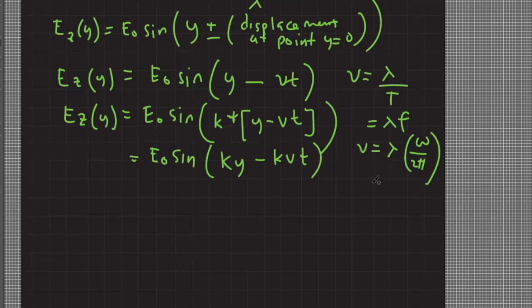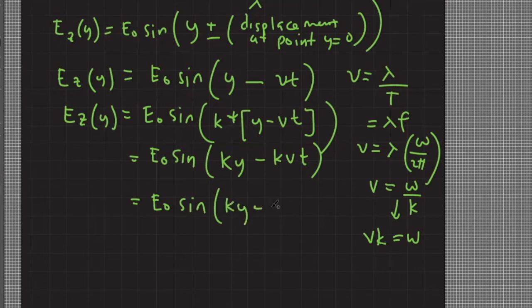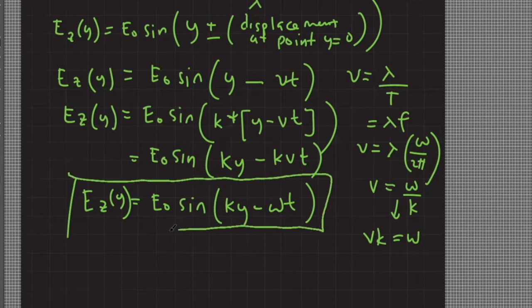I'll end up with v equals omega over k, since 2 pi over lambda is equal to wave number k. If I rewrite this, omega equals vk. This term here, v times k, is just omega. And this is our expression for the electric field component of an electromagnetic wave moving along the y direction.